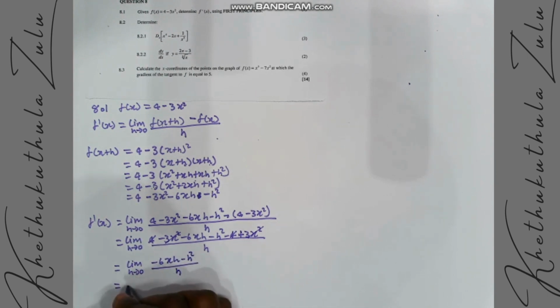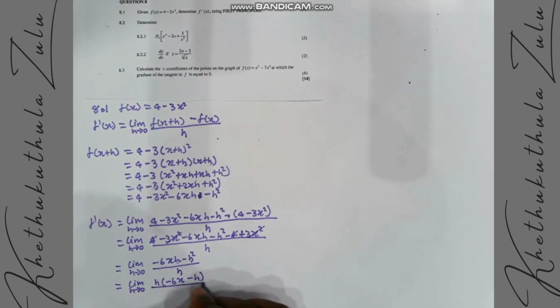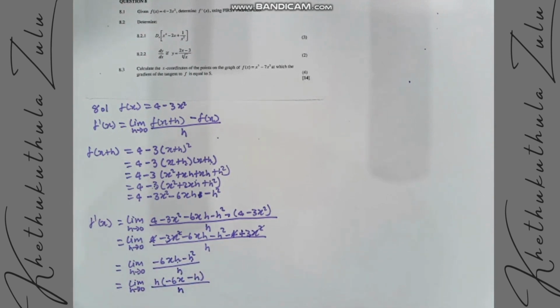Then the limit as h approaches 0, we have h, meaning h is a common factor, so we're just going to have h times negative 6x, minus 3h.